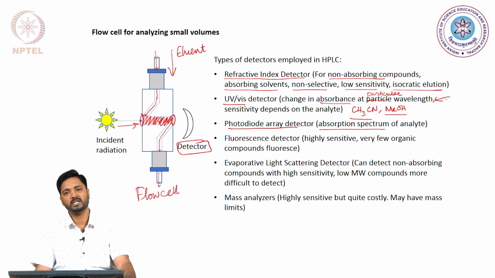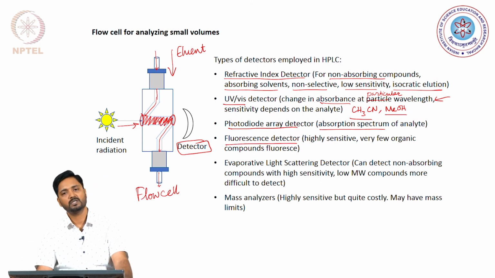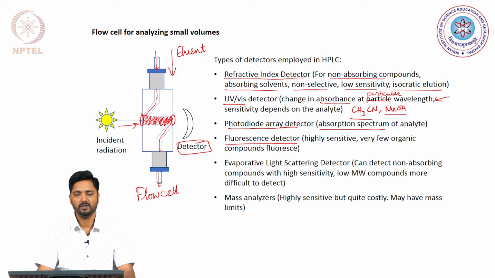Another similar detector that works on the principle of absorption or emission of photons is the fluorescence detector, which is utilized if the compound that we are dealing with, or the analyte, can fluoresce or can emit radiation at a different wavelength.